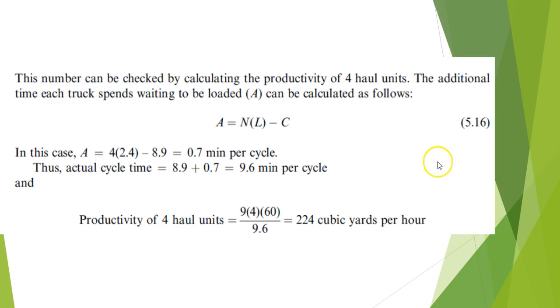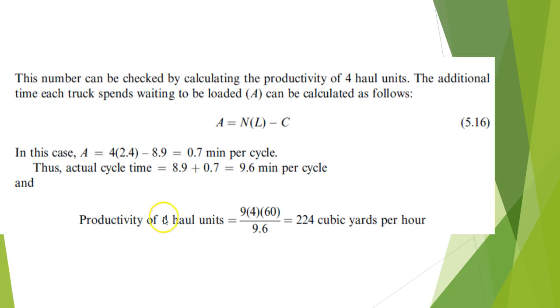So you can calculate the productivity of 4 haul units, and you can actually go ahead and calculate the time that vehicles stop. And we're not going to spend a lot of time in this area. It gets to queuing analysis, and that's not what we're about here.